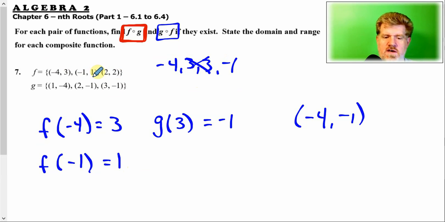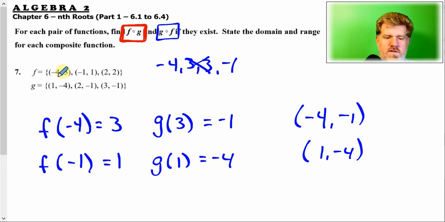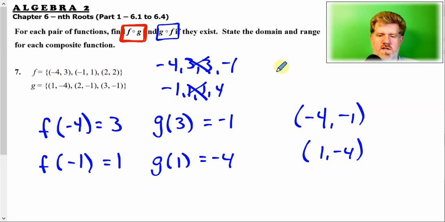Okay, does G have something that starts with a 1? Well, it does. You get out -4. Because, here I go, -1, 1. G has a 1, -4. So -1, -4. Let's see if it works for the last point. F is a 2, 2. Do I have a G that starts with a 2?